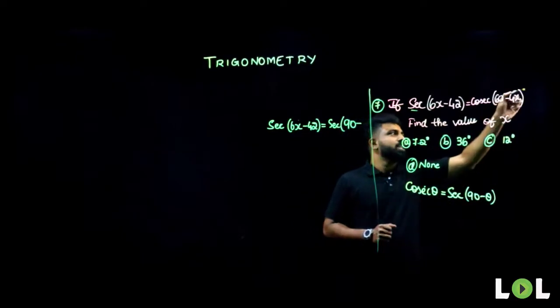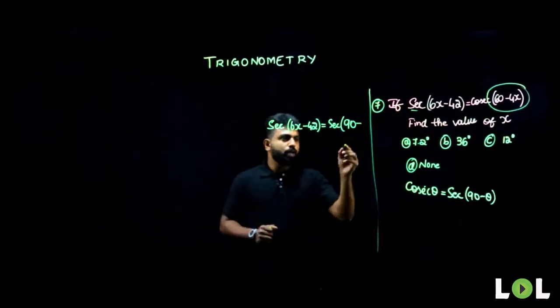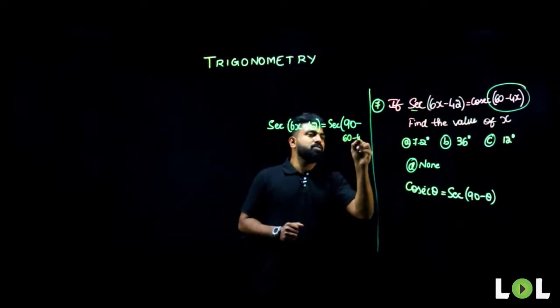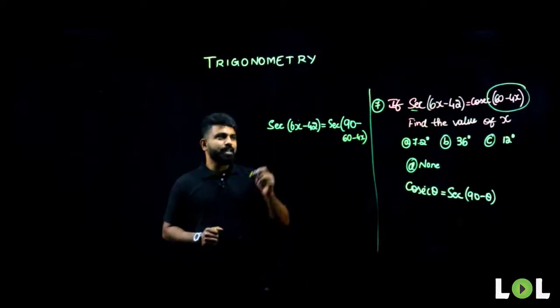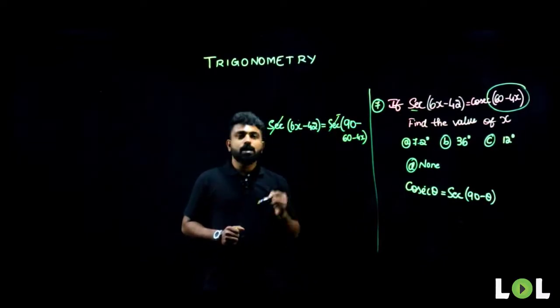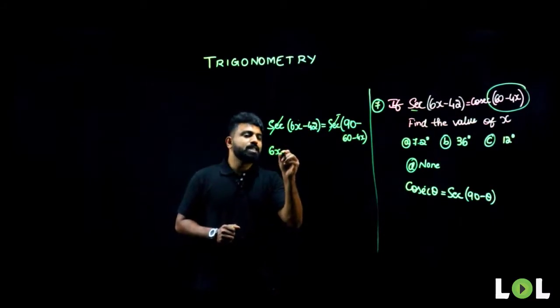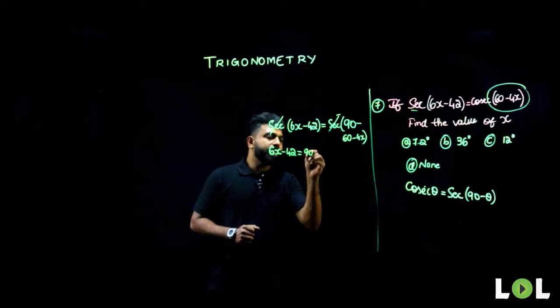I need to consider this entire 60 minus 4x as my theta. So it will be 90 minus (60 minus 4x). So now, what will I be left with? Now I can cancel out secant and secant directly here. So I'll be left with 6x minus 42 equal to 90 minus (60 minus 4x).